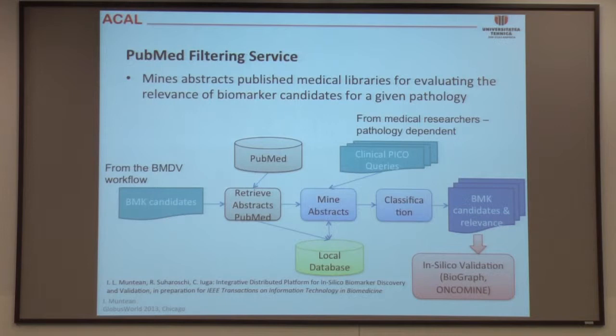They also take into account a set of standard queries, the so-called PICO queries, which is basically a standard set in a standard format relating to specific medical problems. And what you get afterwards is a ranking of which genes and proteins are most relevant to this particular problem. And in the end, again, this cross-validation process.